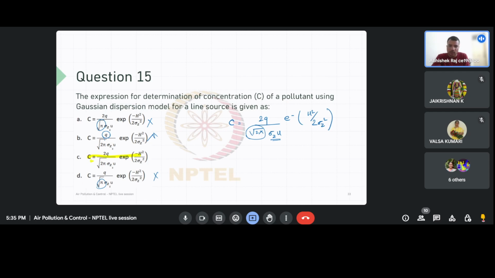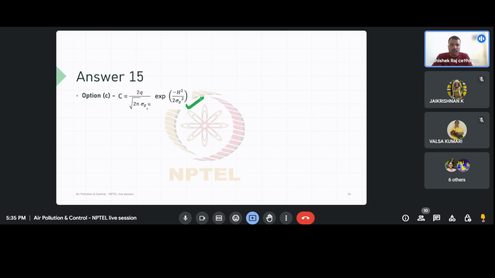So option C: 2q by root 2 pi sigma z u into e power minus h square by 2 sigma z square. That is the concentration. So option C is the correct answer. This is how we'll calculate concentration using GPM for a line source. It will depend on the emission rate, standard deviation along the vertical, wind speed, stack height, and sigma z. So option C is the correct answer.